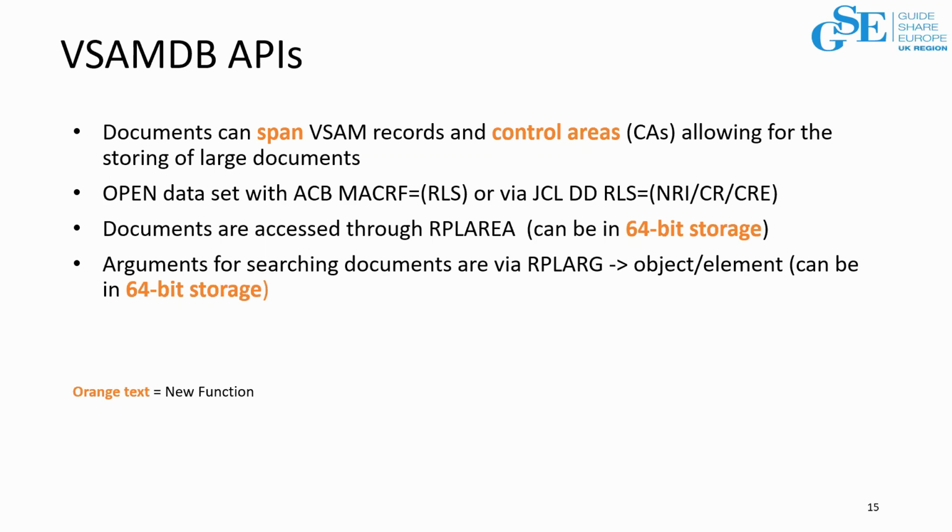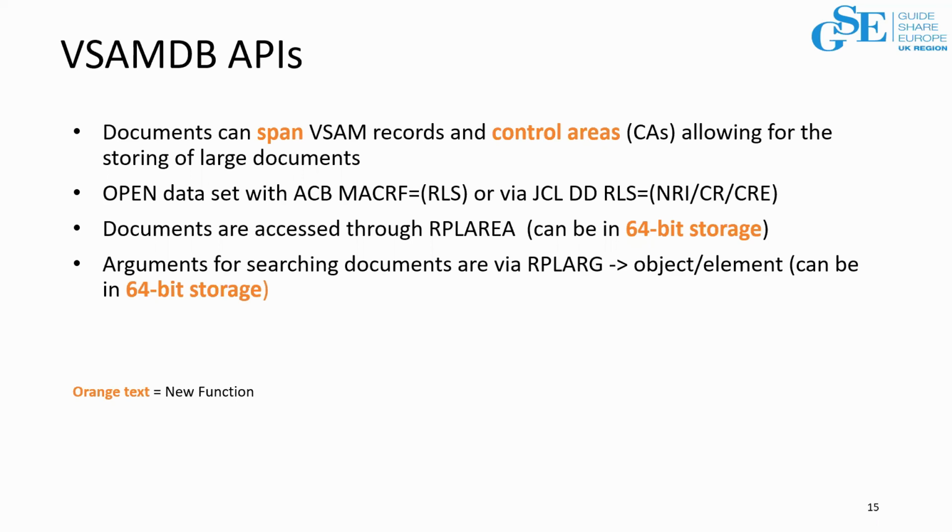One of the changes that we did make, and this is one of the few that we added to both base VSAM and to VSAM DB, is being able to pass 64-bit storage through the RPL. And the RPL, for those of you not familiar, is the record parameter list. This is how you pass the data to us.